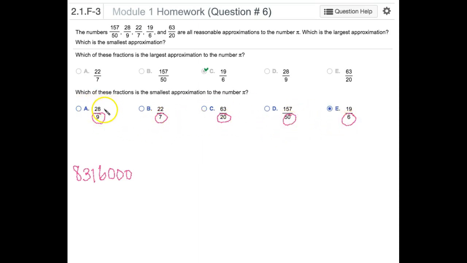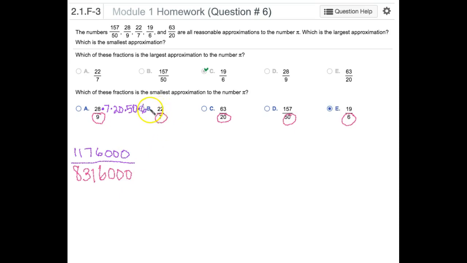So I'm going to multiply the 28 by 7, 20, 50, and 6, if I can squeeze it in there. And if I do that, I end up with a numerator of 1,176,000. Okay, and it's kind of tedious, but once you get the hang of it, it's not a real difficult process.